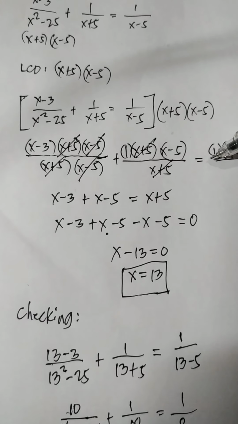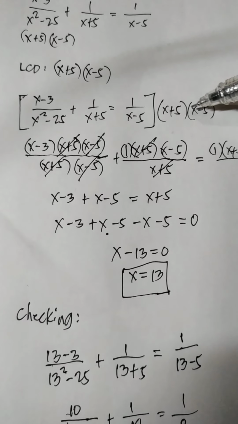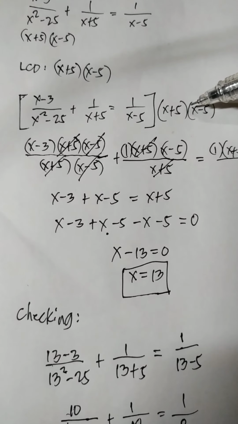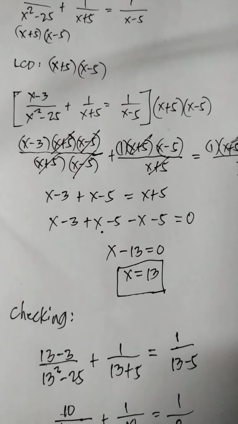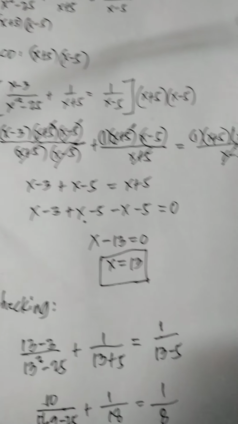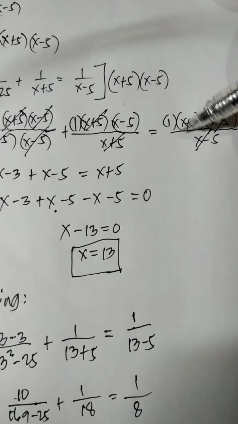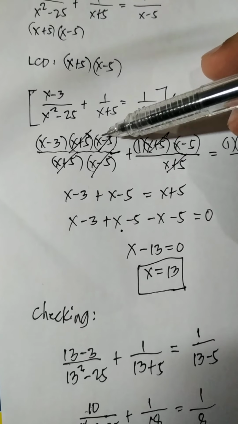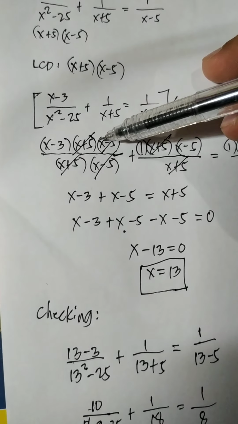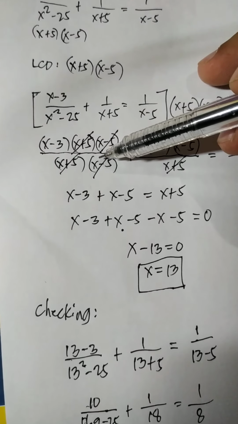That is equal to, for this expression, we multiply it by the LCD too: x plus 5 times x minus 5 times 1, divided by x minus 5. For this part, we cancel the common factors in the numerator and denominator.